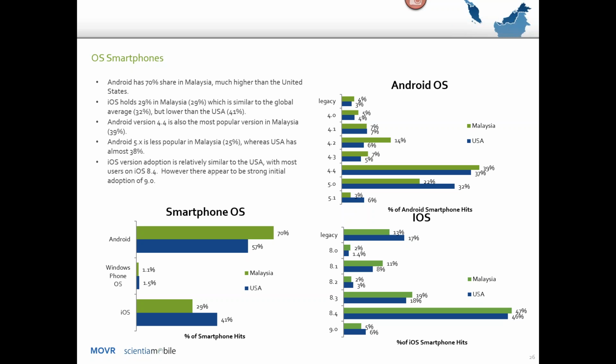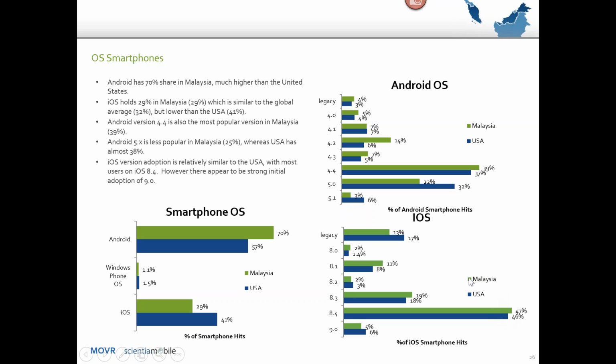In Malaysia, it's much more of an Android market, with 70% of share going to Android. And interestingly, if you look at iOS version adoption, Malaysia is right up there with the United States.